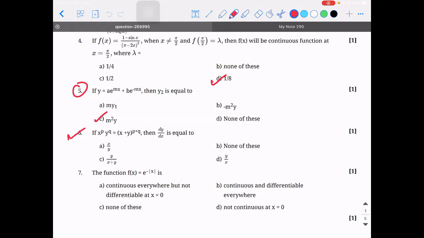Anybody with the answer? So y by x. That's right.